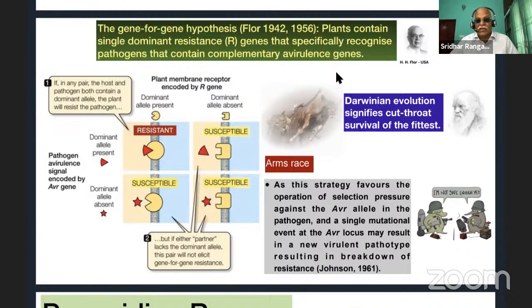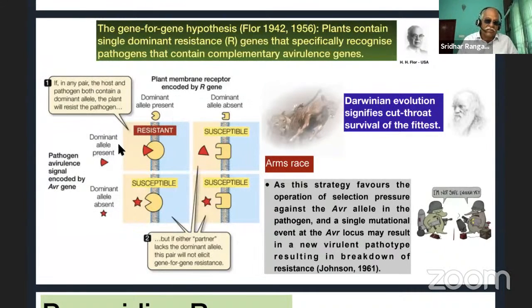And there was no indication that we can do a lot of advancements in biological sciences. But still, if you read the original papers of Dr. Flor, he's a visionary. He visualized that at the end, when he concludes that the host and the pathogen interaction will be more thrown out only through the molecular aspect of their functions, the function of a virulence gene and the function of the resistant gene from the host.